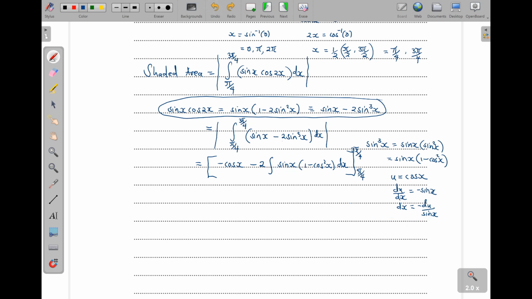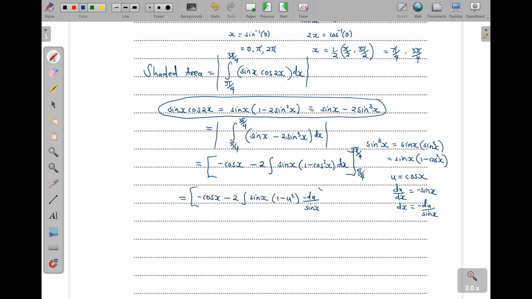So that means here we shall have negative cosine of x, then minus 2, and then integrate. This is sine of x here, and then here we'll have 1 minus u squared, since I said let cos be the u. Then dx is negative du over sine of x.